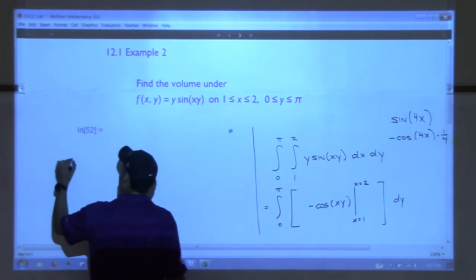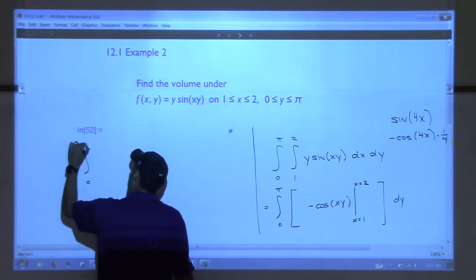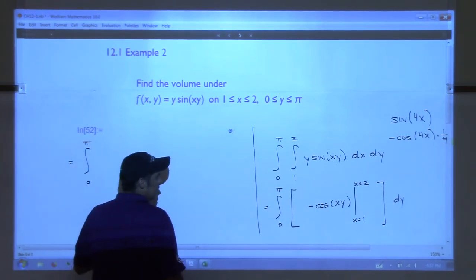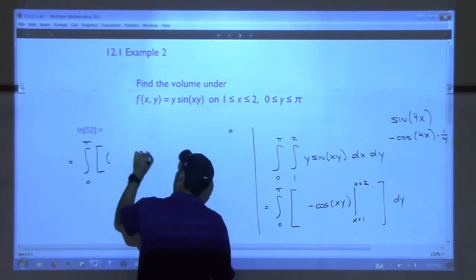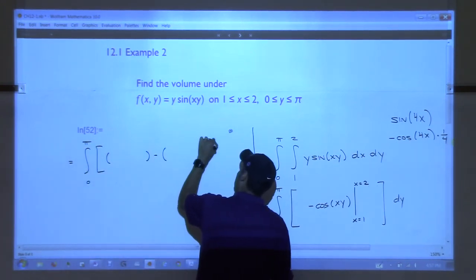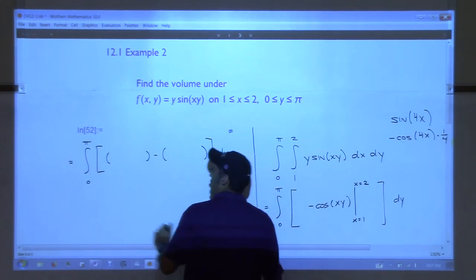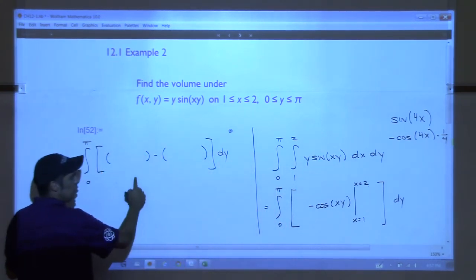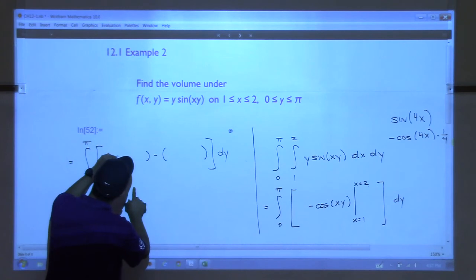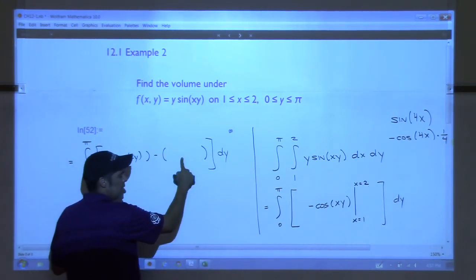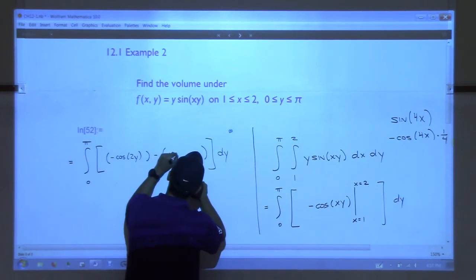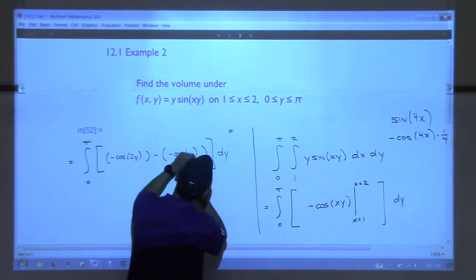Let's do that. Equals integral 0 to pi, and I'll have two things that are going to wind up being subtracted here, with respect to y. So when we plug in 2 for x, we get negative cosine of 2y. And when we plug in 1, we get negative cosine of y.